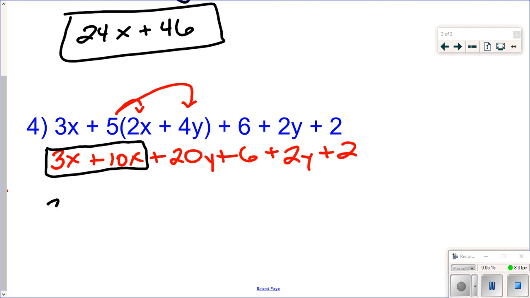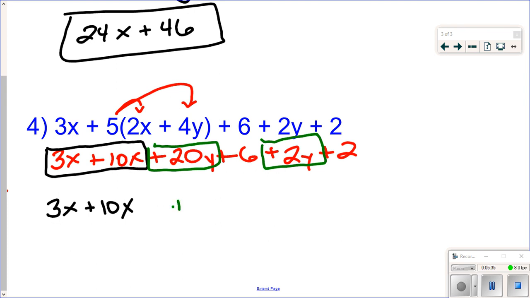So I pull this piece out, the 3x plus 10x. And I pulled those out first because x's come first in the alphabet. I'm going to pull the y's out. When I pull these things out, the symbol in front of them goes with them. So this plus sign belongs to that 20y, and this plus sign belongs to that 2y. So I pull those out.